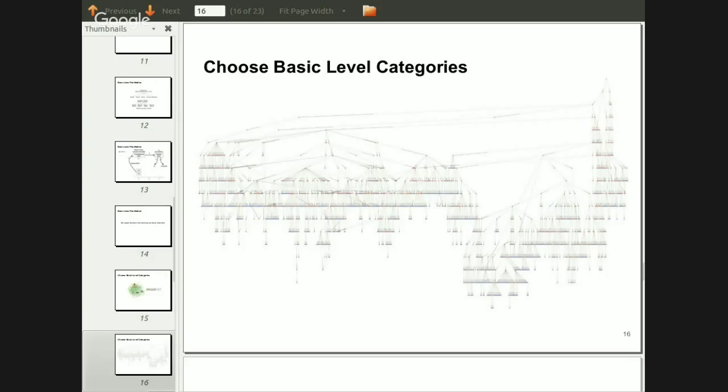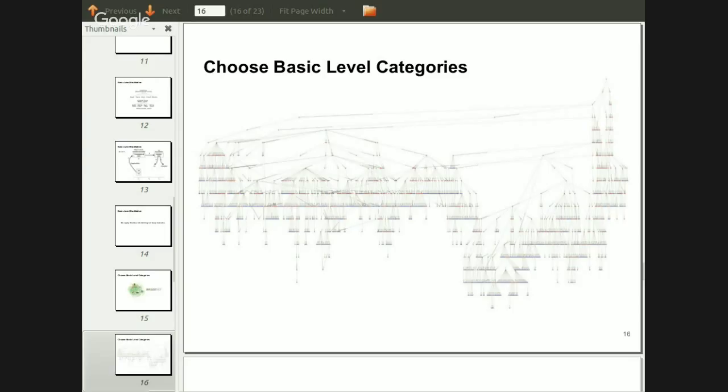I counted the dog subordinate level categories in the whole ImageNet dataset. It has 119 dog species compared to only 1,000 categories in total in the ImageNet dataset. So basically, it's almost like a dog net. Those are the children of dog, and this one, terrier, has so many children of sub-dog species.